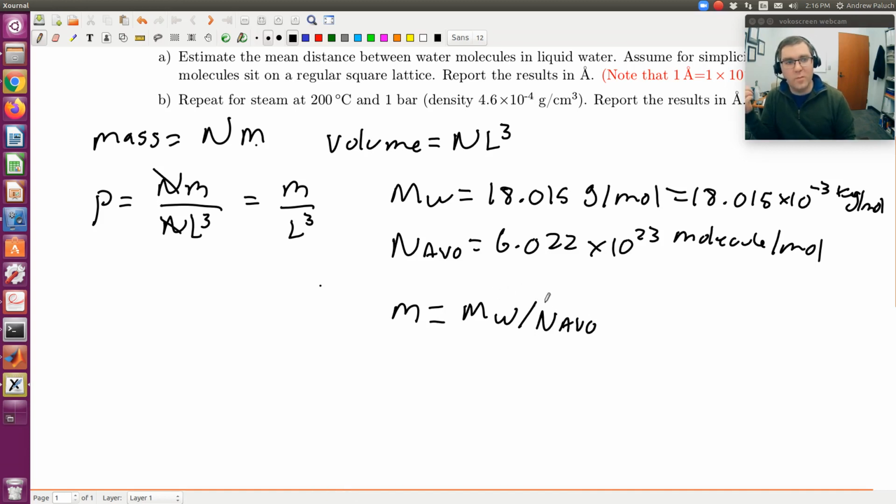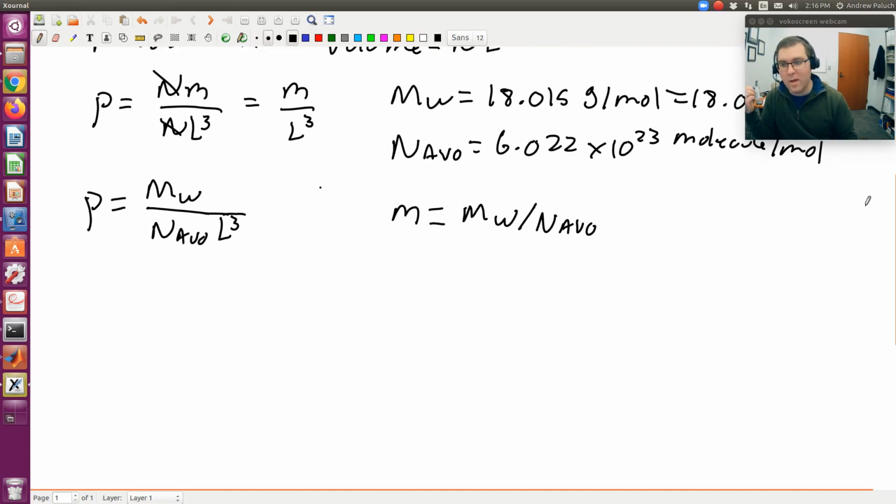So if I replace molecular weight and Avogadro's number in my density equation for m, I get that rho is equal to molecular weight divided by N Avo times L cubed. So if I want to solve for L then, L would be equal to molecular weight divided by N Avo times rho, to the 1/3 power.